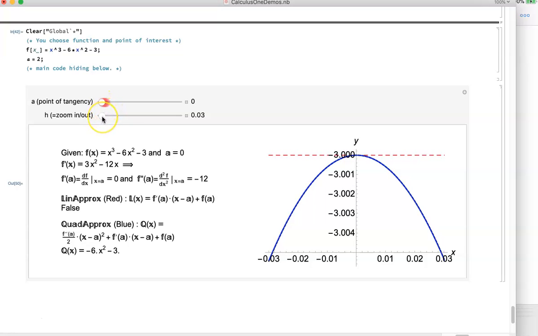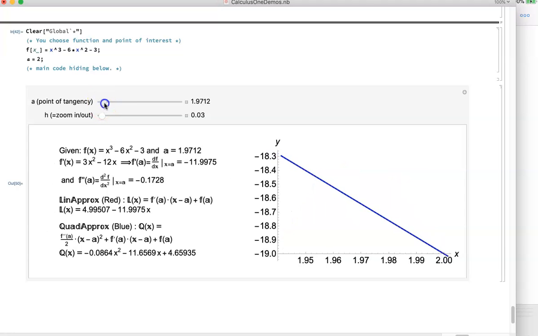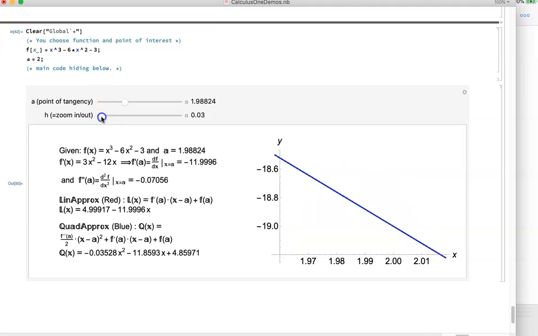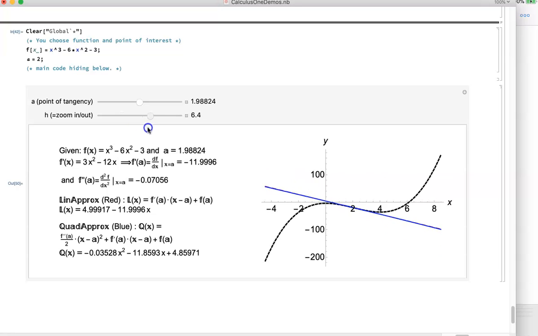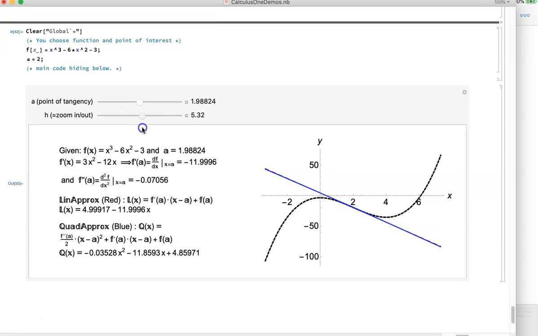And that is essentially what the second derivative test says. Compute your second derivative at a critical value, and if that number is negative, you know you have a local maximum.